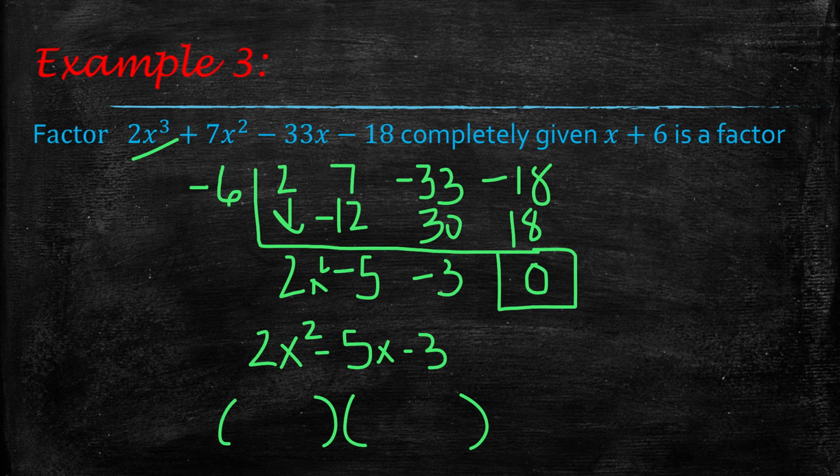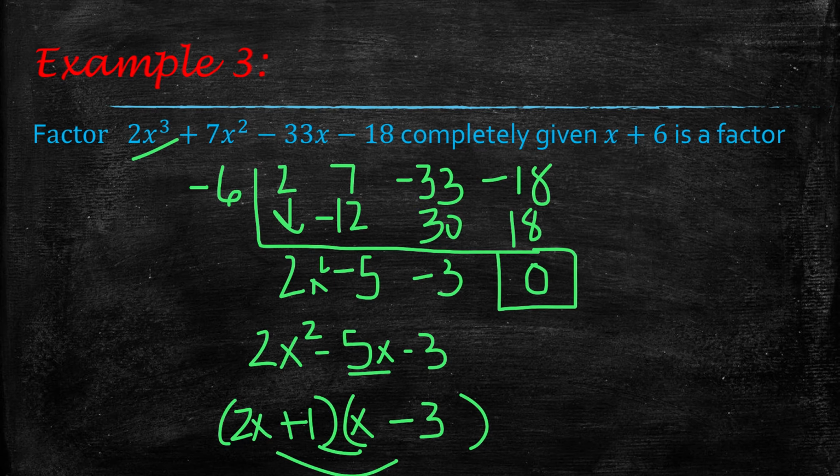So how it factors is, we know we're going to have 2x and x, and we're going to have minus 3 here and plus 1 here. That way we get a negative 6x, positive 1x, which adds up to that negative 5x.